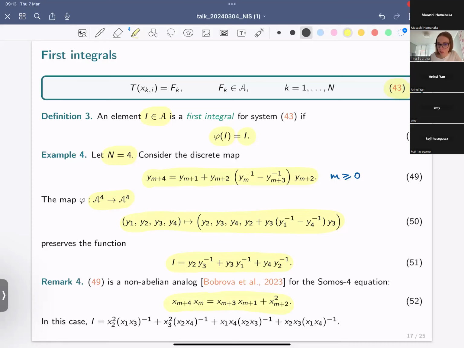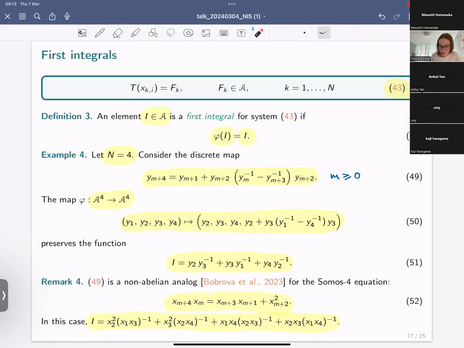Again, if we rewrite this discrete equation as a discrete map, one can verify that this function I, capital I, is the first integral of this map.